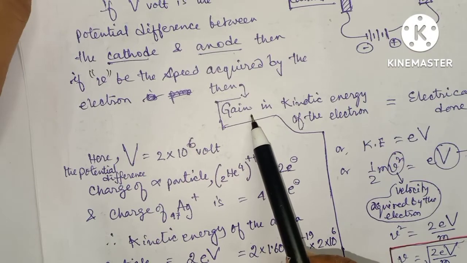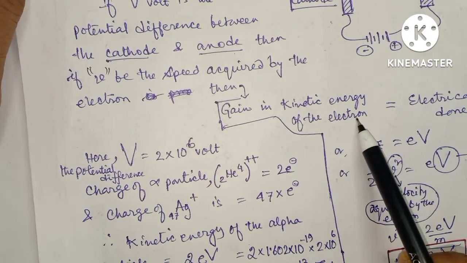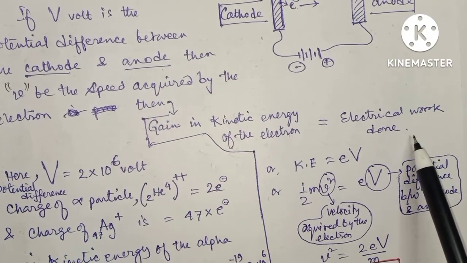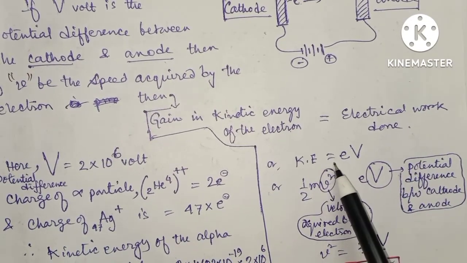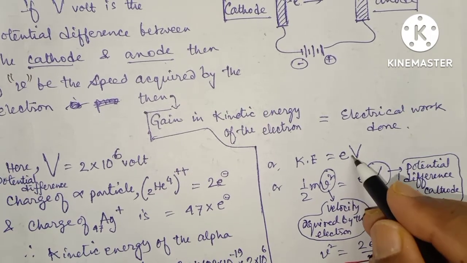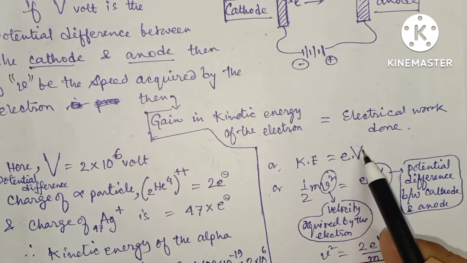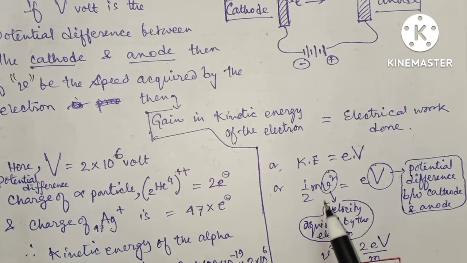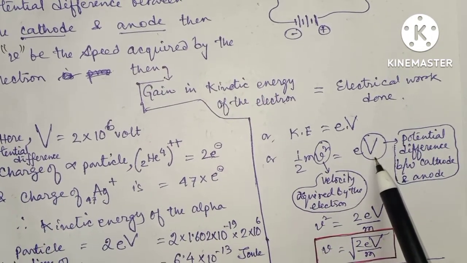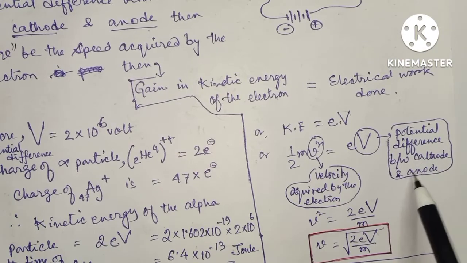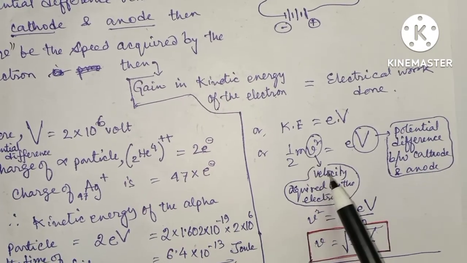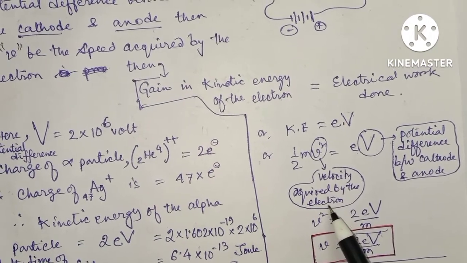So the gain in kinetic energy of the electron is the electrical work done. That means kinetic energy is equal to the charge of the electron, E, times the potential difference V. It is the electrical work done. So from the expression of kinetic energy, half mv square is equal to E into V, where V is the potential difference between cathode and anode, E is the charge of the electron, and small v represents the velocity acquired by the electron.